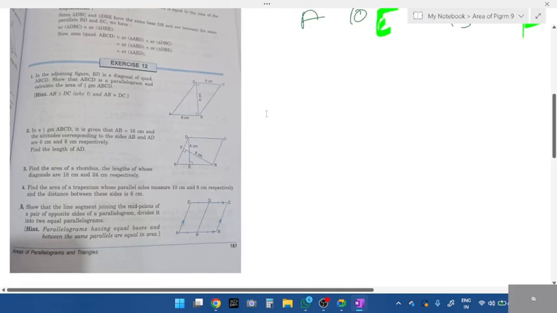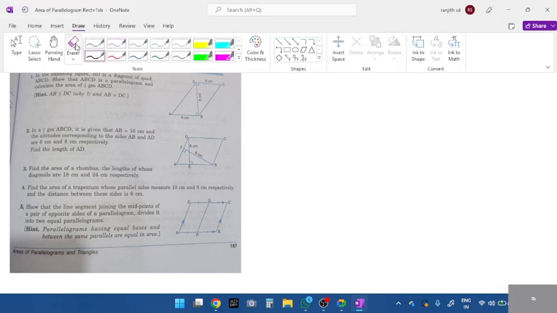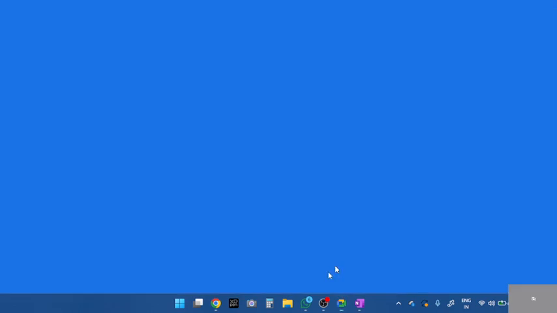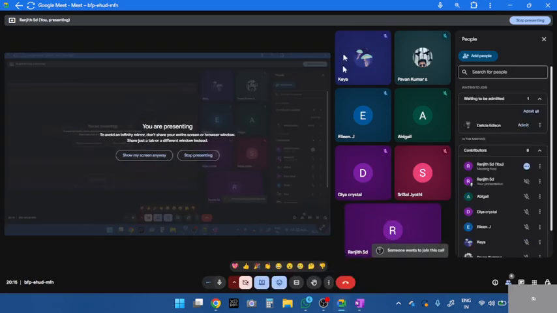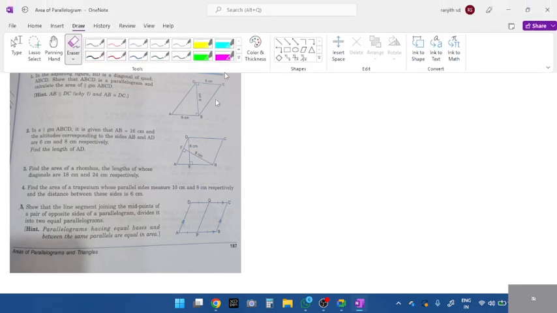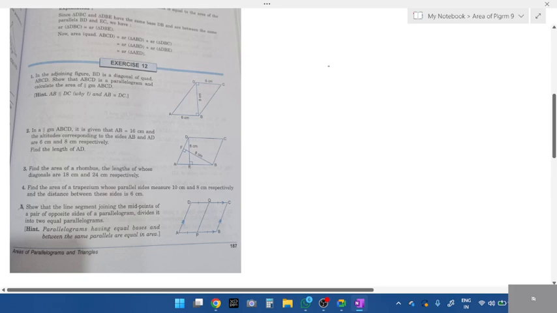What is asked in the first question? Tell me, students, what is asked? Area. We have to show that this is a parallelogram.